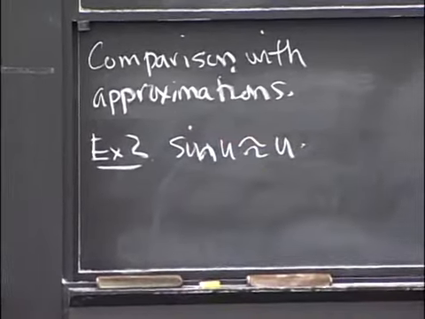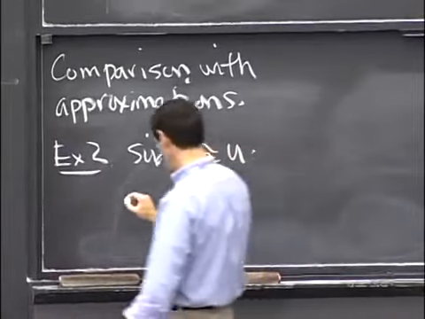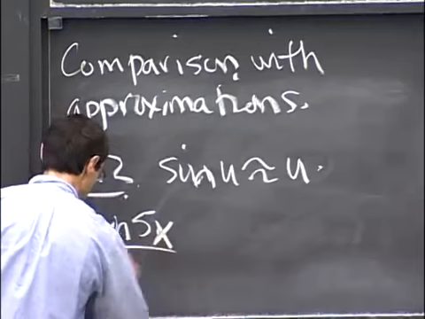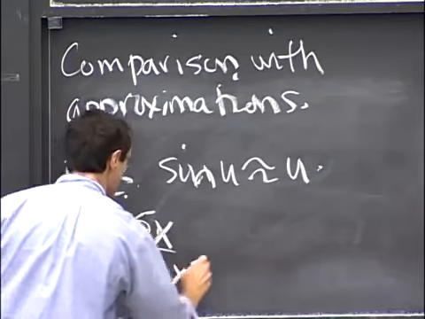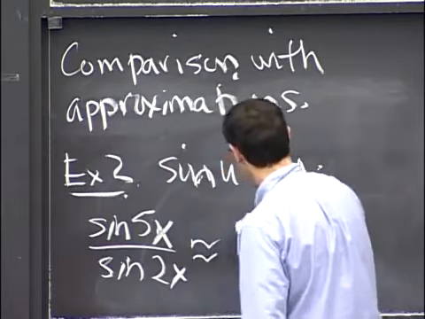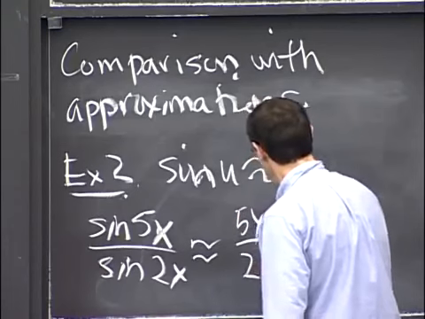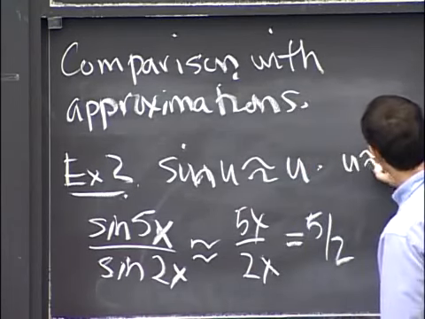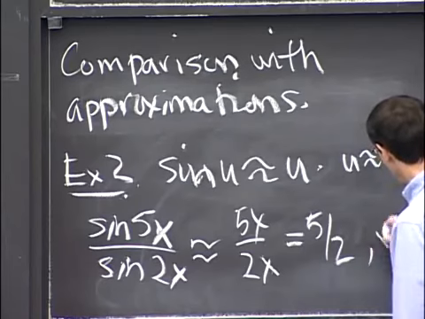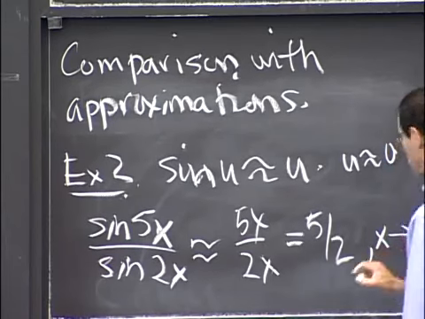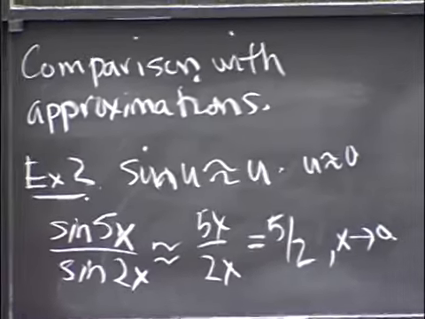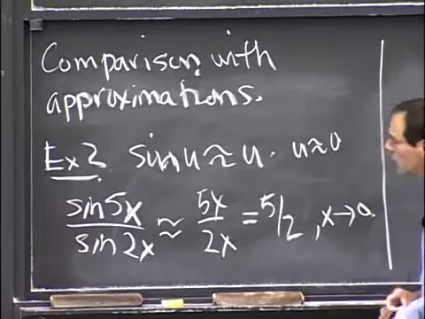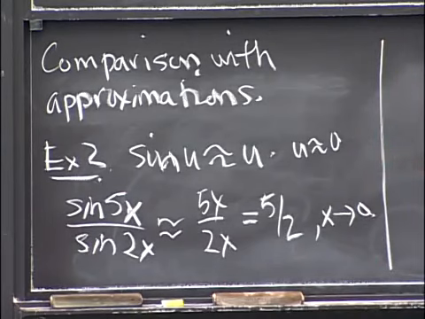We would use that linear approximation. Then sine of 5x divided by sine of 2x is approximately 5x divided by 2x, which is, of course, 5/2. This is true when u is approximately 0, and certainly as x goes to 0. It's going to be a valid limit.